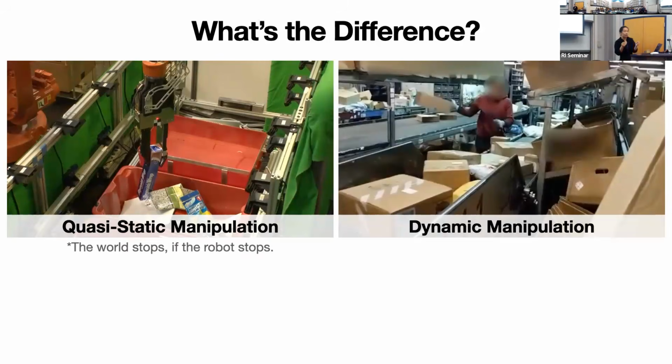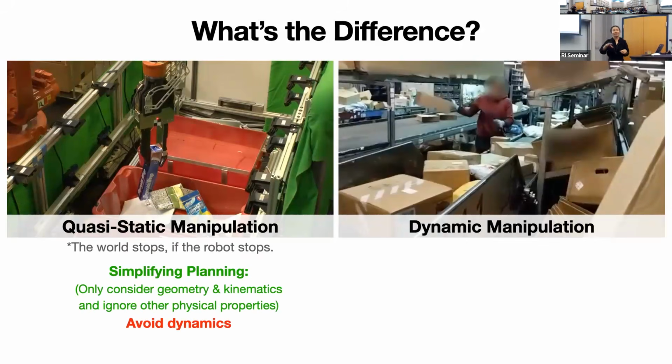That makes sense when you're grasping an object and moving slowly. This quasi-static assumption is very convenient and helps us simplify a lot of planning problems. Under this assumption, everything you need to care about is just the geometry of the objects and the kinematics of your robot, and you can simply ignore other physical properties of the object.